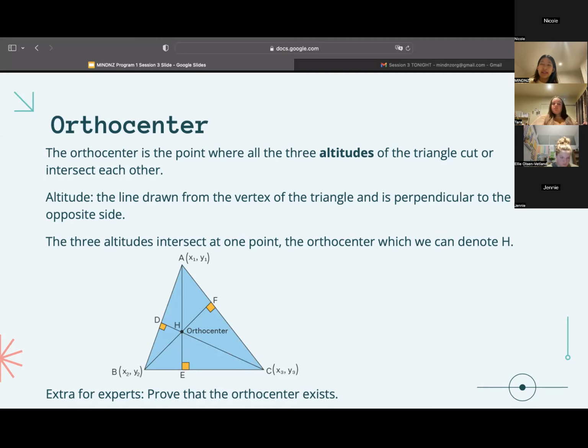So what that means is that there's a 90-degree angle. And then what we can show here is that the three lines, the three altitudes, intersect at one point, and that's what we call the orthocenter.